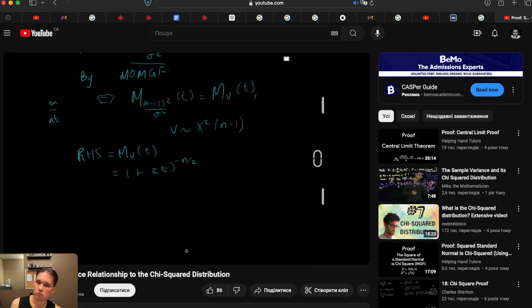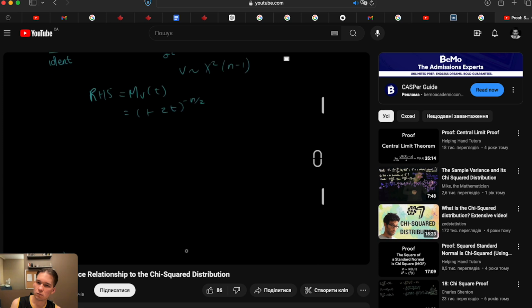So we're going to define this other random variable, which seems like it's coming out of nowhere. We define W to be the sum from i equals 1 to n of (Xi minus mu) squared over sigma squared.